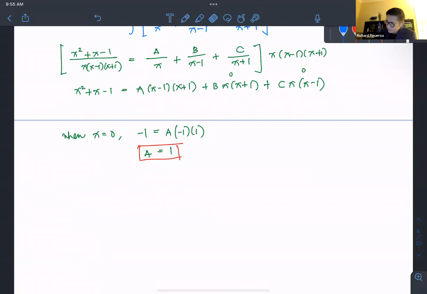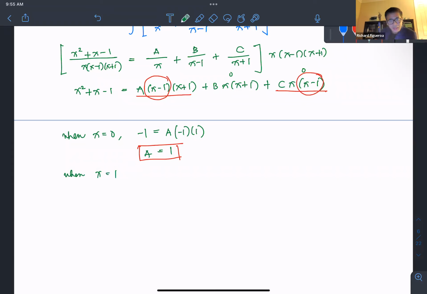Next, I eliminate A and C. What is common to both? x minus 1. I want to make x minus 1 equal to 0, so x should be 1, because 1 minus 1 is 0.